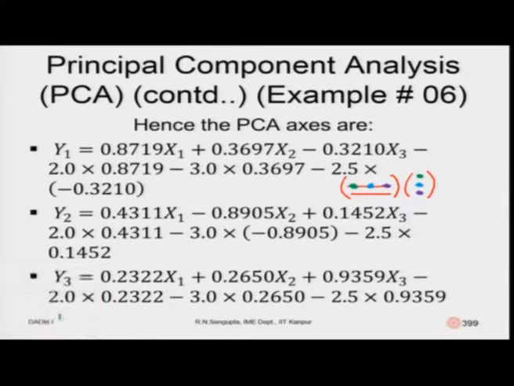So, the first value would be this, the second value is this, the third value is this. Now, come to the last row, corresponding to y3.